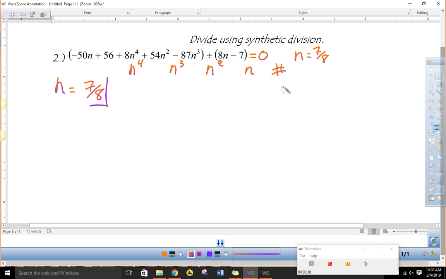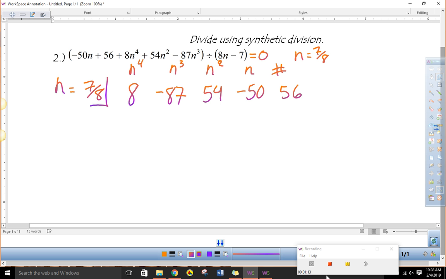Writing this up top is going to be particularly helpful for what we do today with this stuff. Okay? So what is my coefficient of n to the 4th? 8. How about n to the 3rd? Negative 87. How about n to the 2nd? 54. N. Negative 50. And my number by itself is 56.